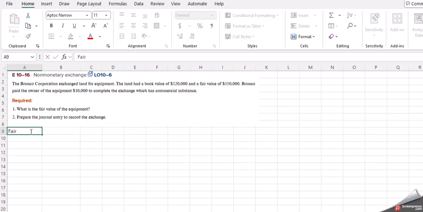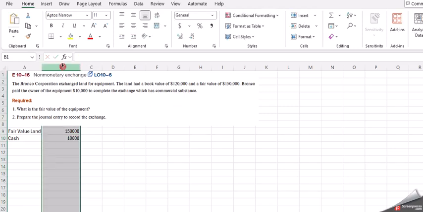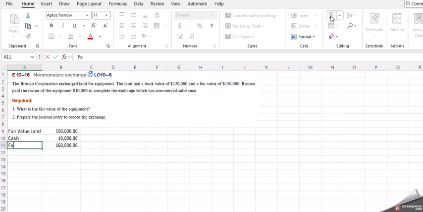So then if we take the fair value of the land, and then we take the cash that we gave up, and we add those two together, that would give us the fair value of the equipment, because that's what we paid.